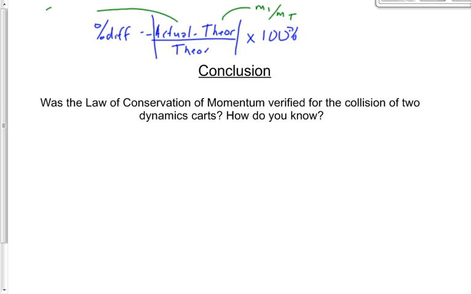This is going to be the slope. If that percent difference is less than 10%, then we're going to say yes, momentum was conserved. If it's greater than 10%, then we're going to say no, momentum was not conserved.